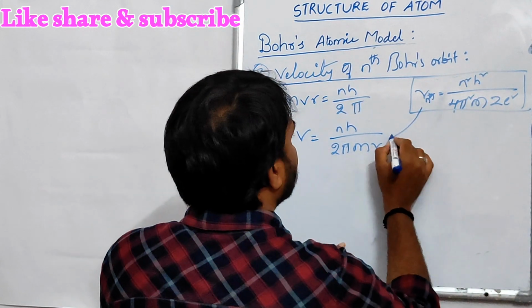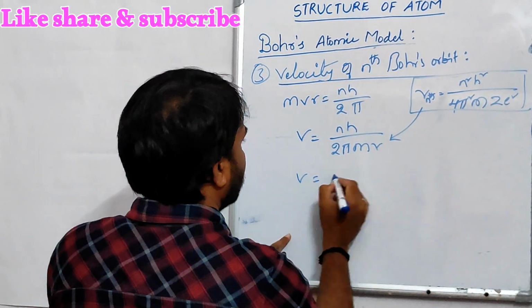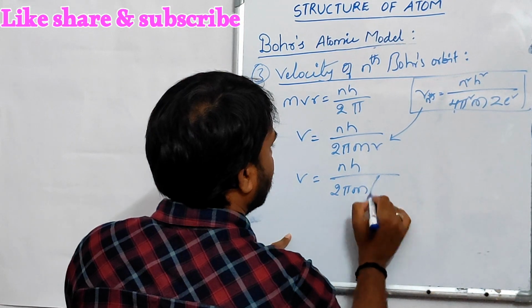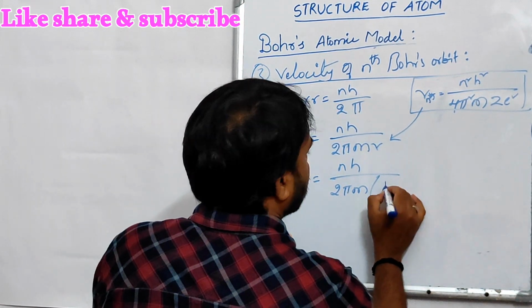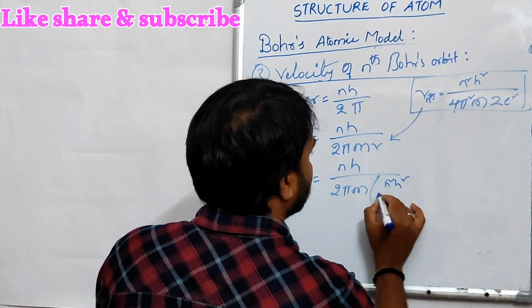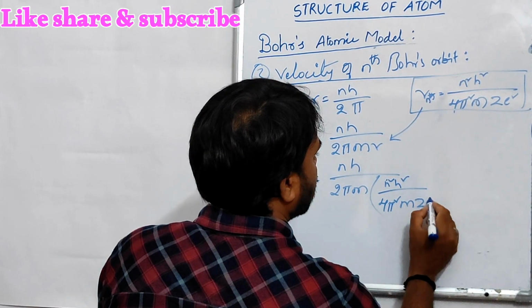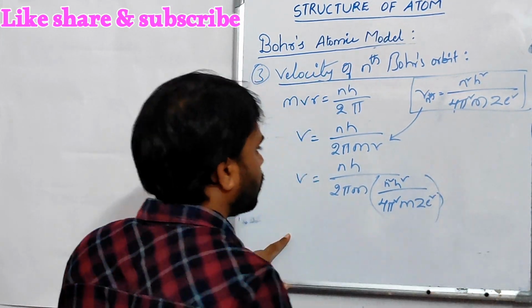Substitute this r value in this formula, we get v equals nh by 2 pi m into n square h square divided by 4 pi square m Z e square.